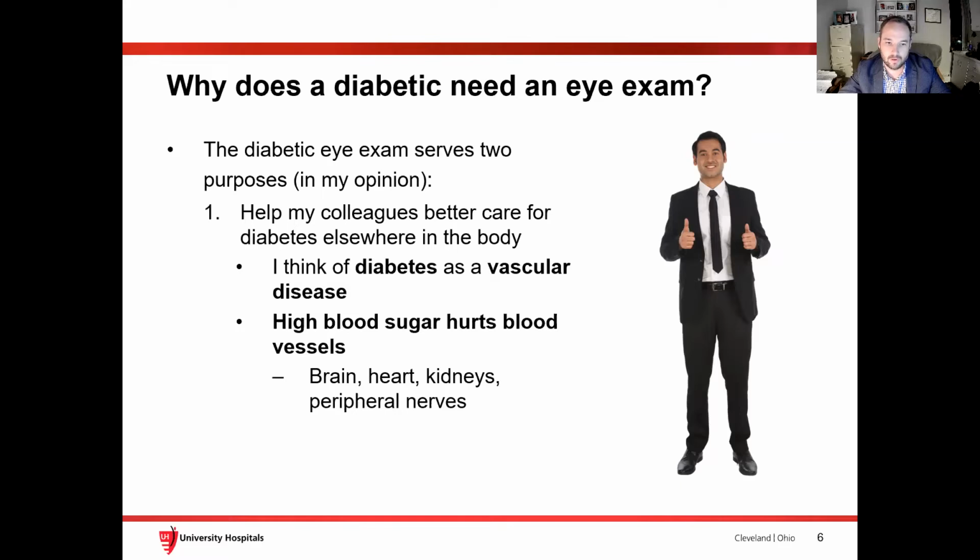High blood sugar hurts blood vessels. In particular, I think about blood vessels in the brain, strokes, blood vessels in the heart, heart attacks and heart disease, blood vessels in the kidneys, and your blood vessels that feed the little nerves in your hands and your feet, causing neuropathy. High blood sugar hurts those blood vessels.